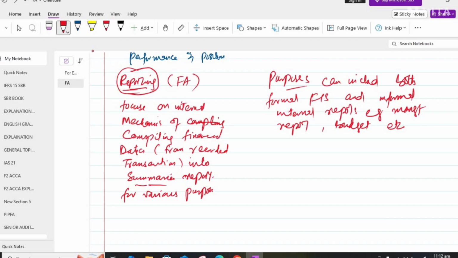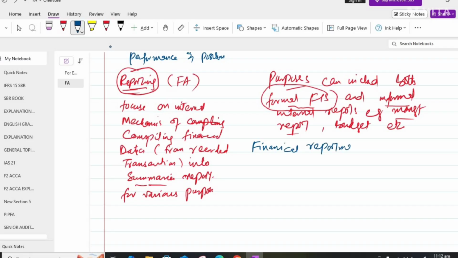And the various purposes may be formal purposes, that is for the external financial reporting, and informal purposes, meaning this reporting can be used for management reports, budgets, etc. Clear? Now, on the other hand, we have financial reporting.